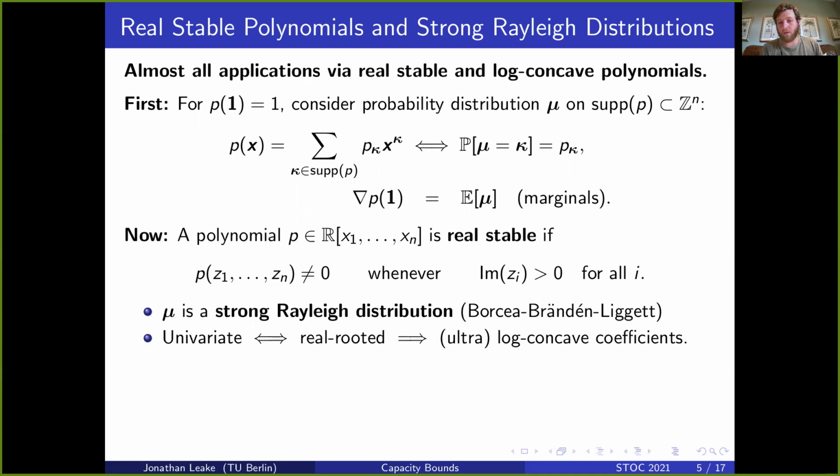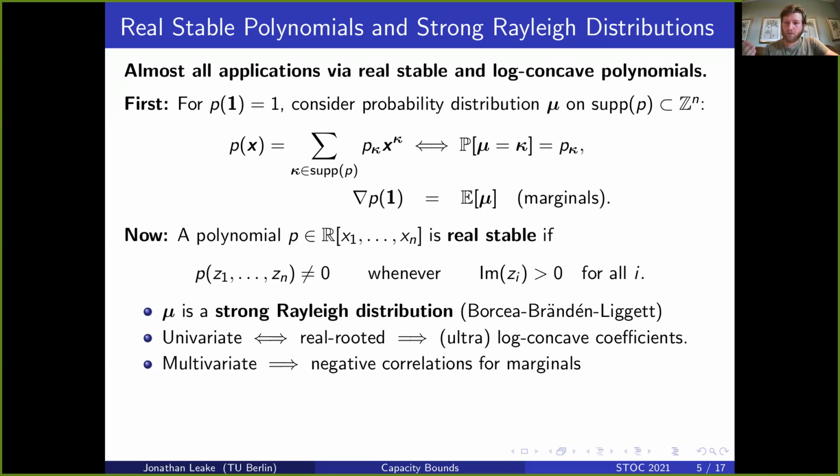But of course, we want to be able to handle multivariate things. And for multivariate polynomials, you have something much stronger, which you might call negative correlation for the marginals. This basically says that if one of the marginals gets large, then the probability that other marginals are large also gets smaller. So the marginals are sort of negatively correlated.